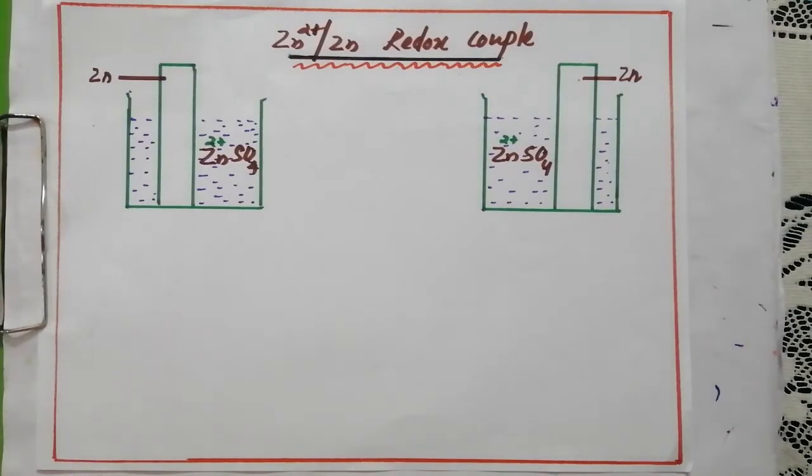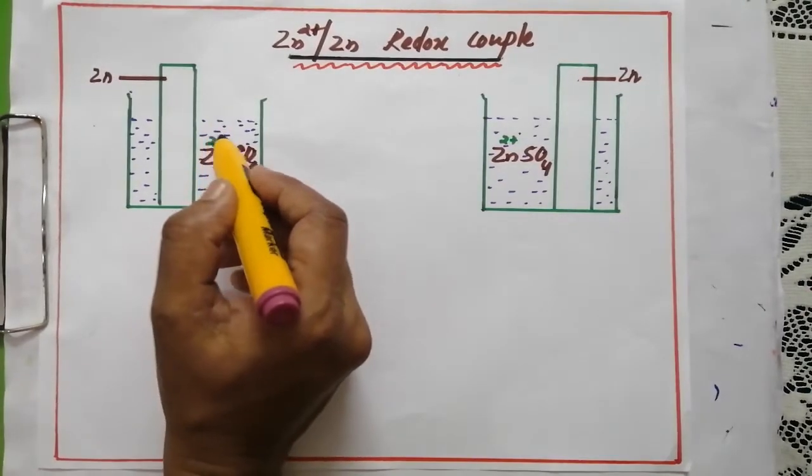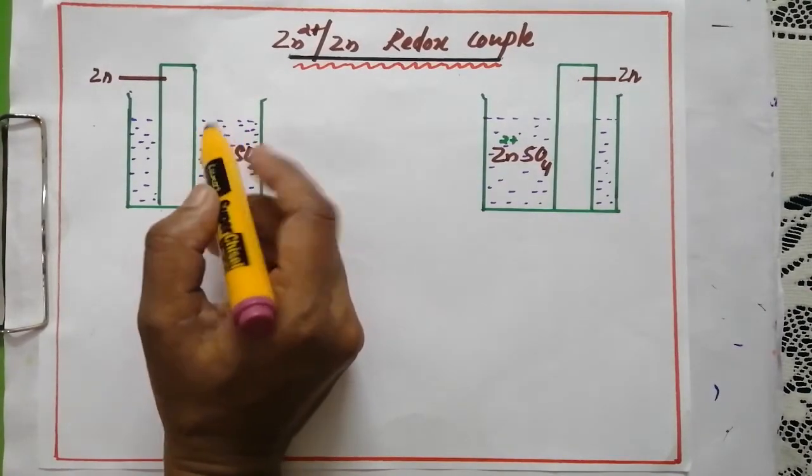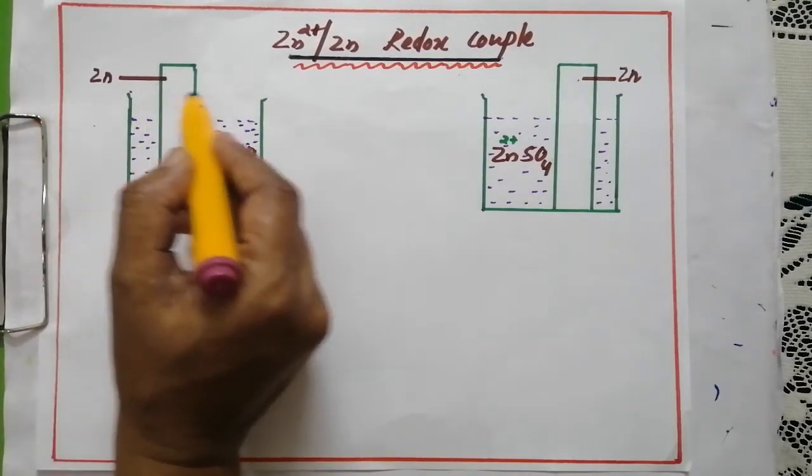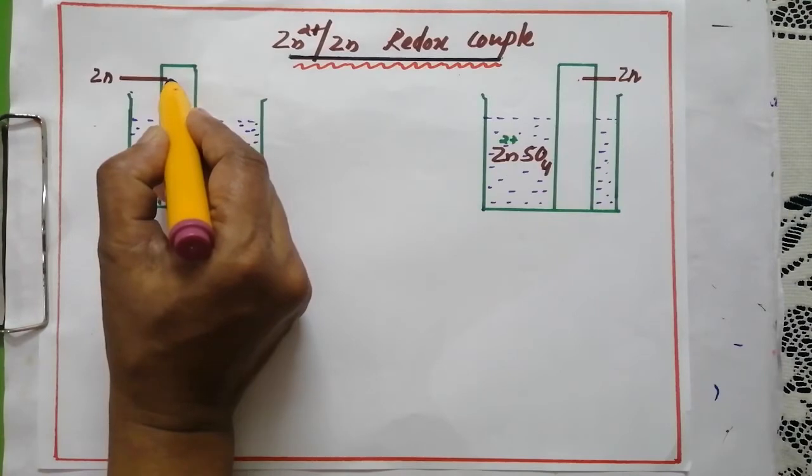At each electrode-electrolyte interface, there is a tendency of metal ions from the solution to deposit on the electrode, making the electrode positively charged.